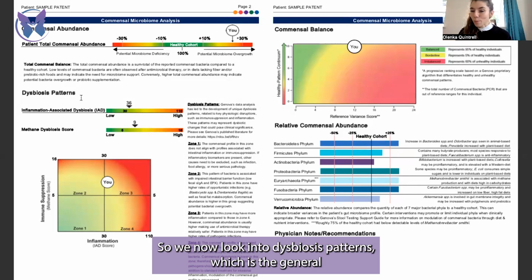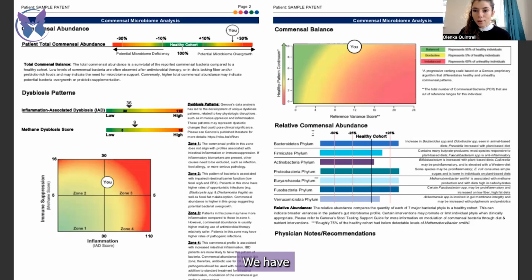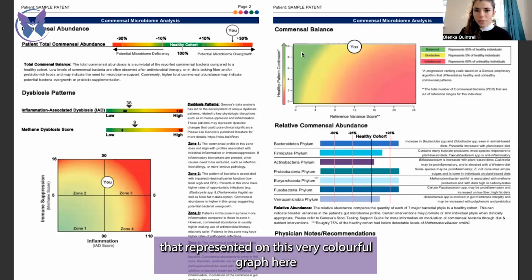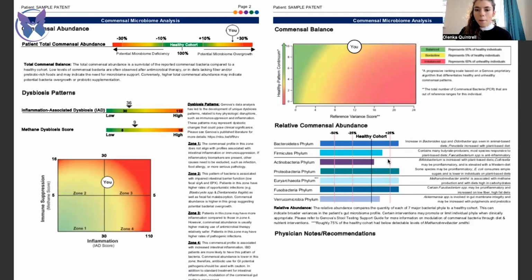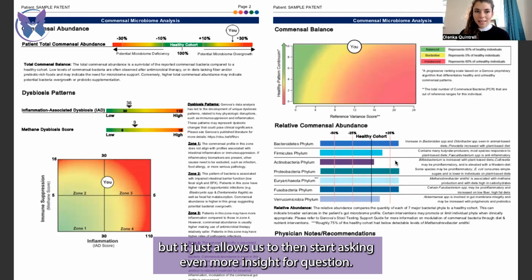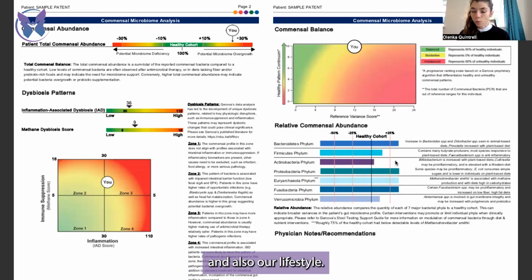We then look into dysbiosis patterns, so just the general balance of bacteria, which is what we would then next look into. We have that represented on this very colourful graph here. Ideally, we're always aiming to be in that green area, but it just allows us to start asking even more insightful questions. A lot of what goes on in our gut is based on our diet and also our lifestyle.